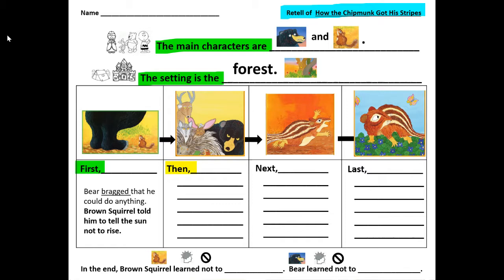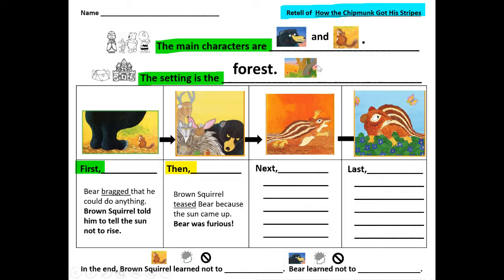Then, what happened then? Or later? Then the sun did or did not rise. Well, Brown Squirrel teased Bear because the sun came up.